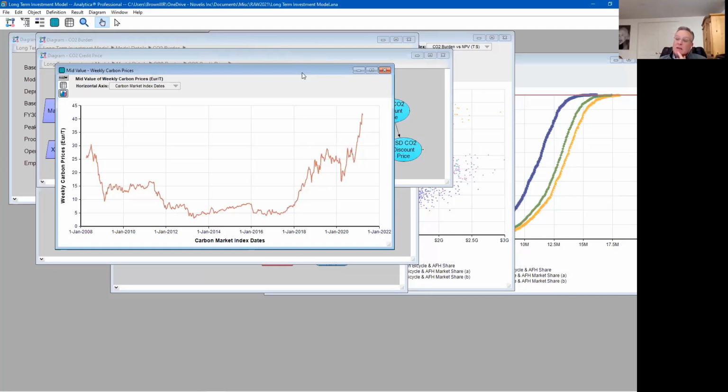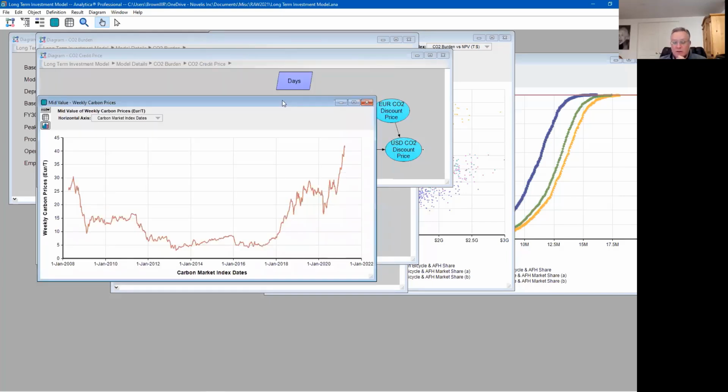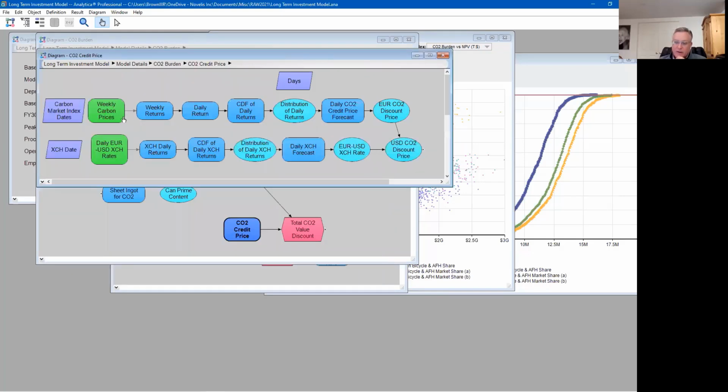So maybe this has some way of informing me how I should think about the value of a CO2 ton produced. So my thought was, what if I look at that volatility, not necessarily the prices per se, but the volatility, take those weekly returns, turn them into daily returns, and then I'll open up the formula for this.